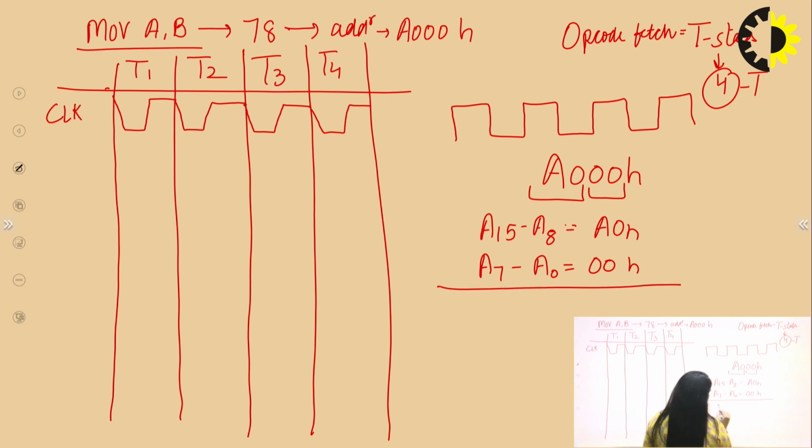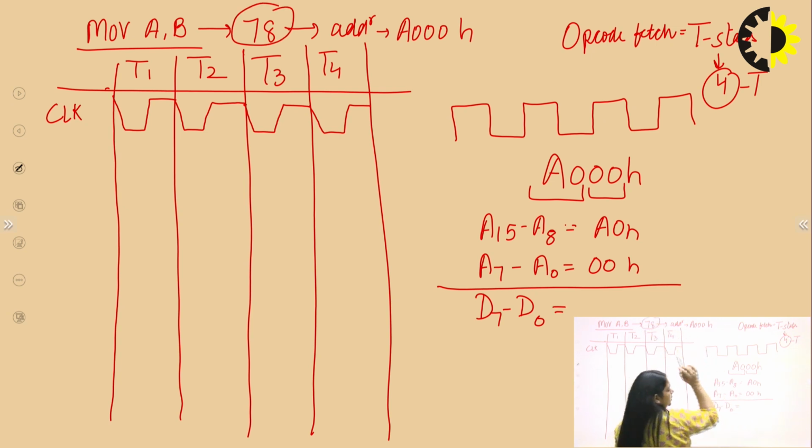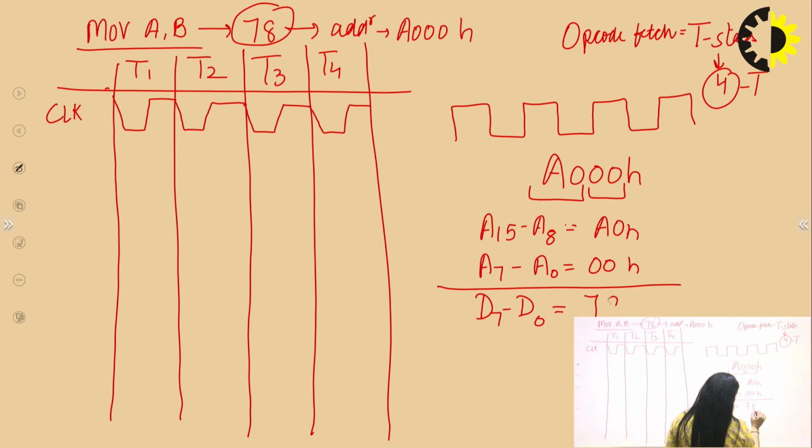And what about the data bus, D7 to D0? The data bus will be carrying the data 78, the machine code, the opcode.